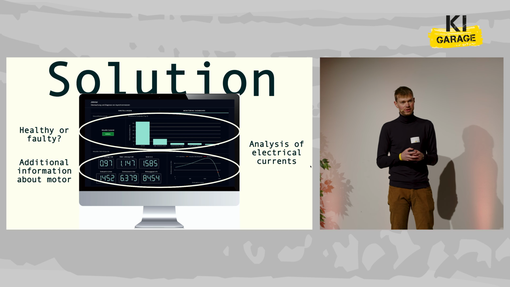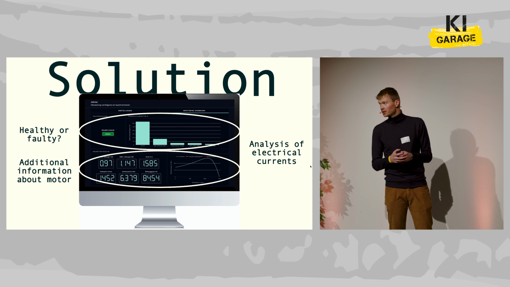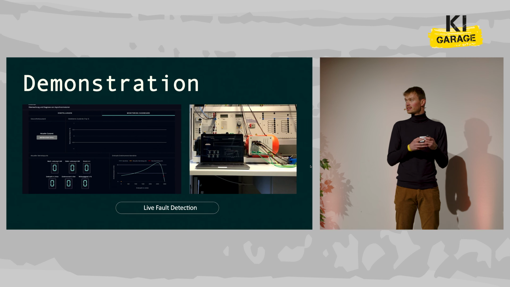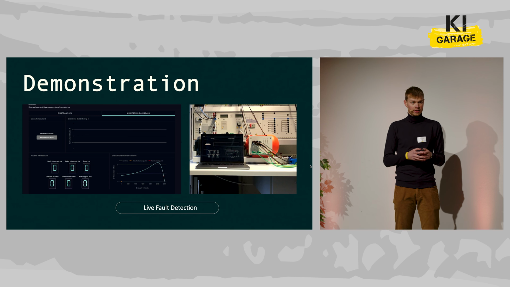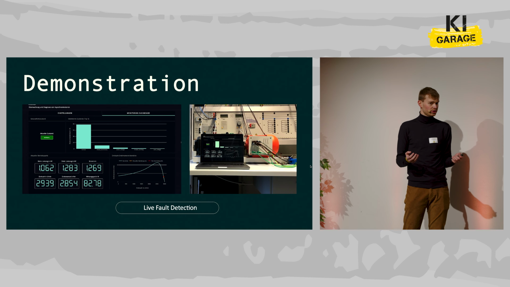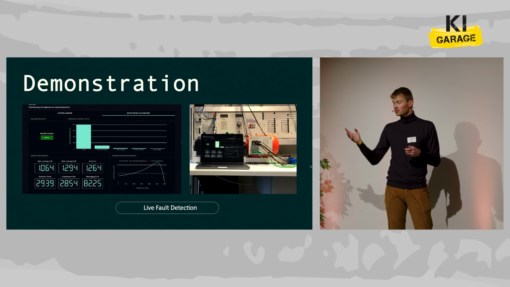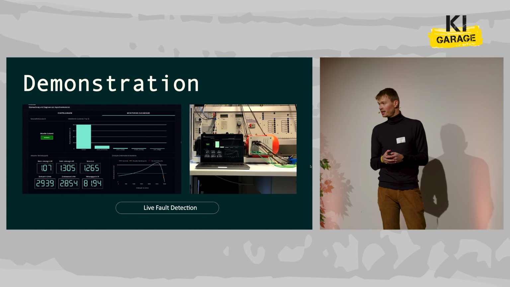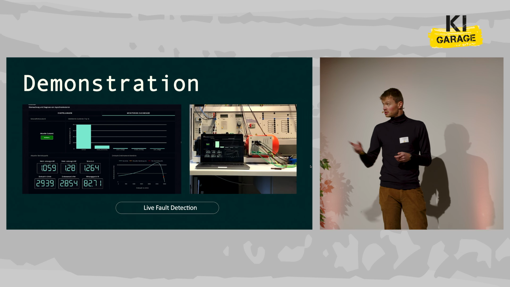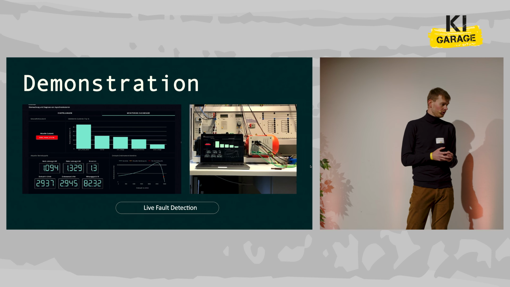I have prepared a video to show you this live. This will show on the next slide. And there you can see how the motor starts, how the motor is running, and how the AI is working on that. So if it's green, the motor is in the healthy state, and if it's getting red, which happens now, then you can see there is a fault.